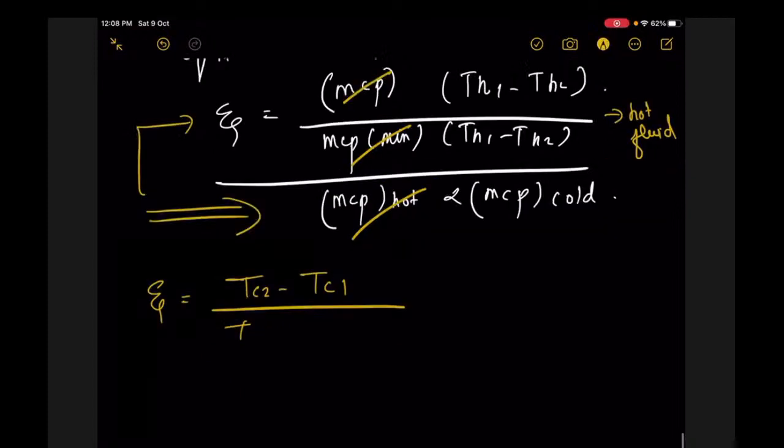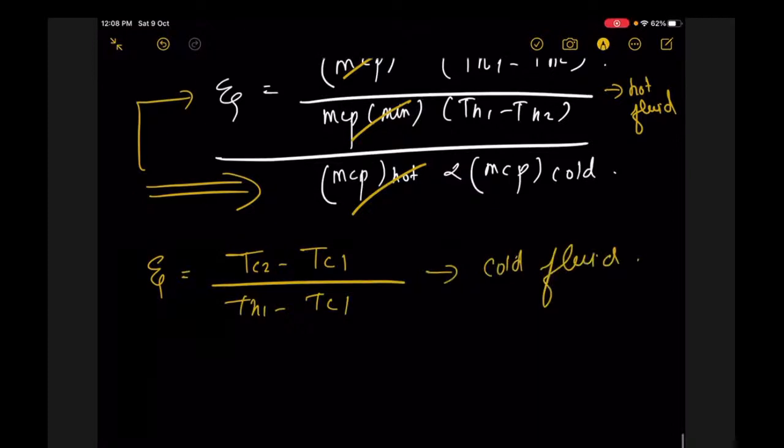Okay. So here it is TH1 minus TC1. So this is for the cold fluid. So at this condition, MCP cold is less than MCP hot.